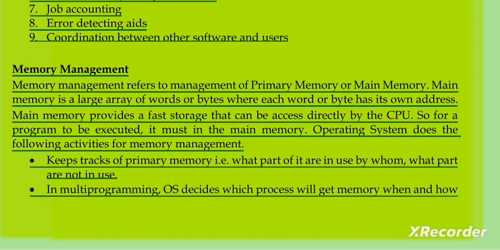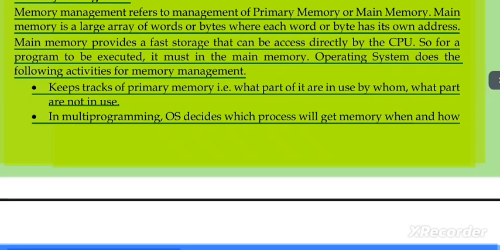Number one, the operating system keeps track of primary memory, which means it ensures it knows what part is in use by whom and what part is not in use. So it keeps records of all the activities taking place.